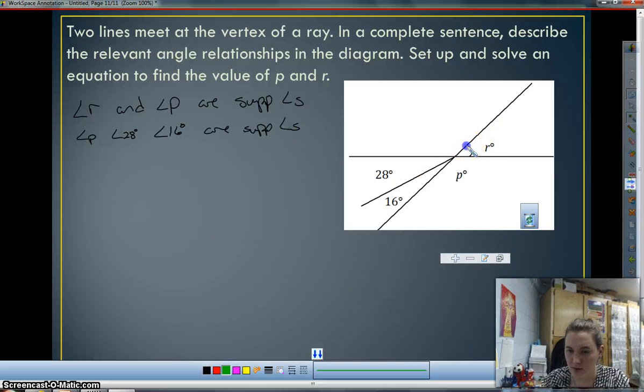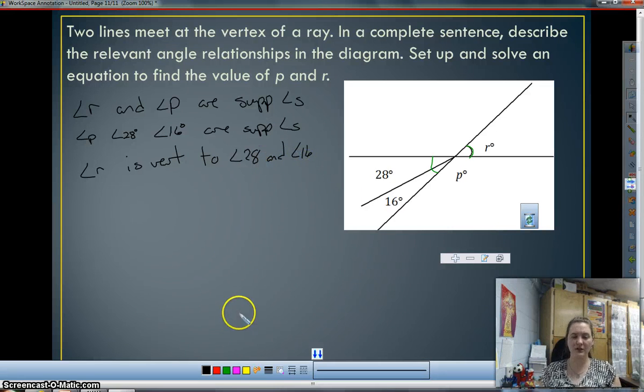If you look, angle R is straight across from 28 and 16, which tells us that angle R is vertical to angle of 28 and angle of 16.